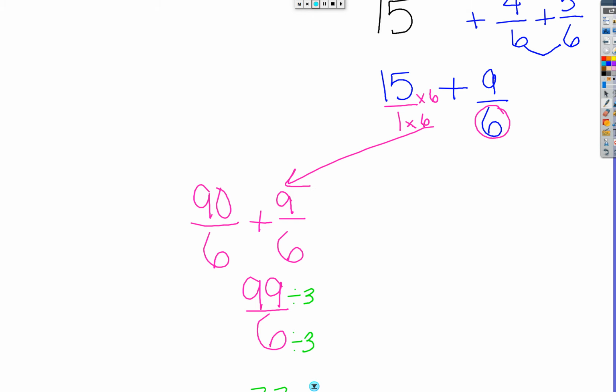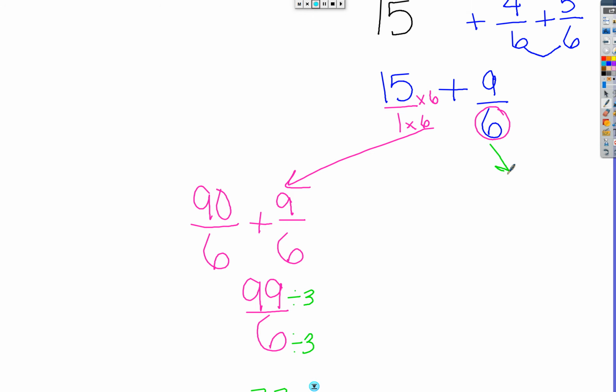Now, the other method would be to leave the 15 alone and just convert 9/6. So 9/6 would be how many groups of 6 are in 9? One group of 6. How many are left over? 3, so 3/6.